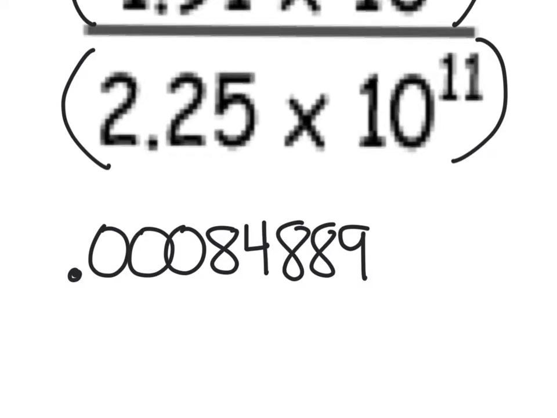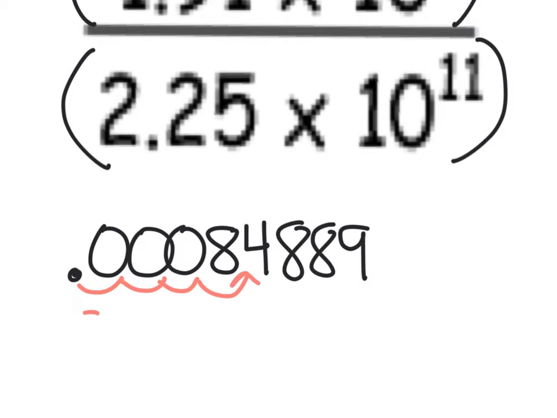So if I wanted to put this into scientific notation, where does my decimal belong? Go ahead, Ash. Before the 4. Before the 4, very good. So I'm going to move this decimal 1, 2, 3, 4 places.